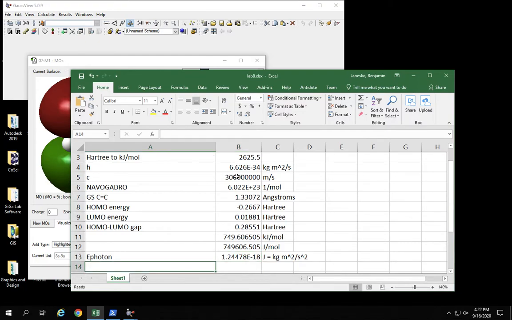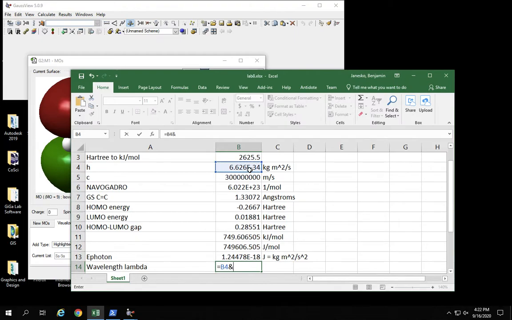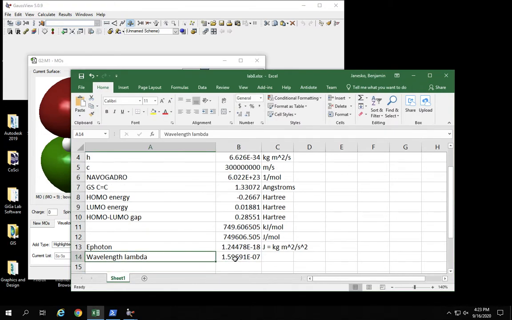So lambda is going to be h times c over E. If you check out the unit conversions, kilogram meters squared per second squared in the denominator, kilogram meters squared per second times meters per second in the numerator.